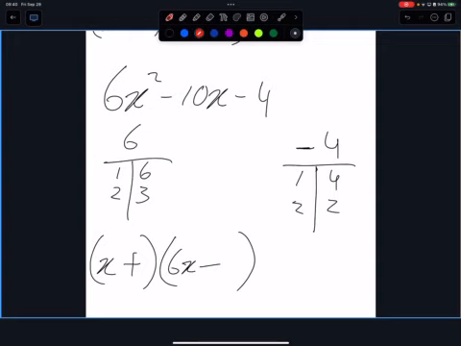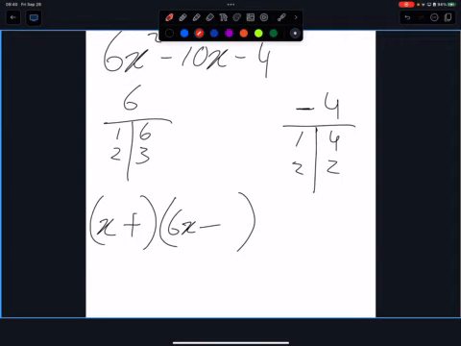You have to try it. So if you place 1 and 4 first, 1 here, you have 6x minus 4x. It's incorrect. So if you switch them, 4, 1, 24x, then you know for sure that is wrong. If you have 2 and 2, you know you have 12x minus 2.